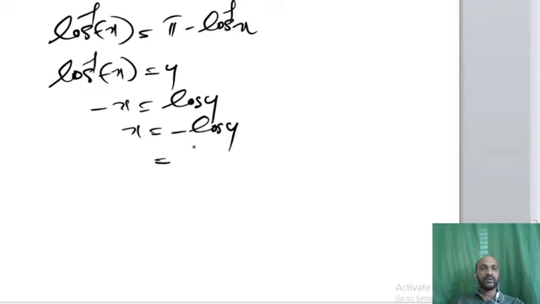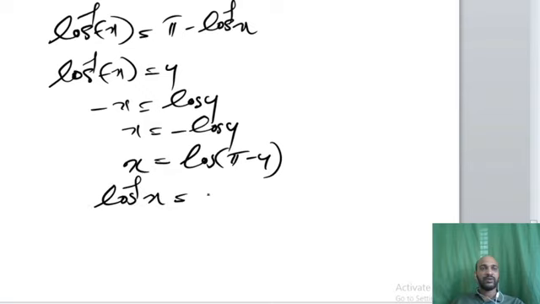Instead of minus cos y, we can write the right hand side as cos of pi minus y, right? Because cos of pi minus x is minus cos x; cos is negative in the second quadrant. That result you have to apply, which implies cos inverse of x will be equal to pi minus y. So what is y? y equals pi minus cos inverse of x.